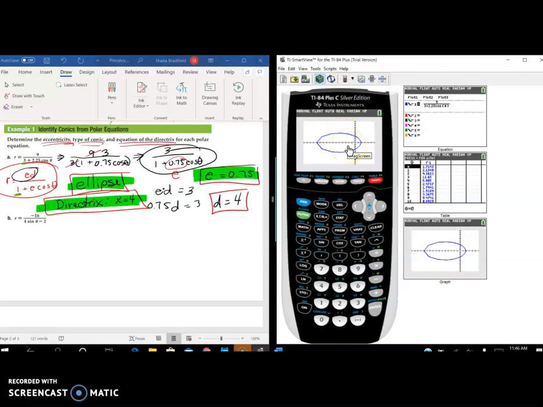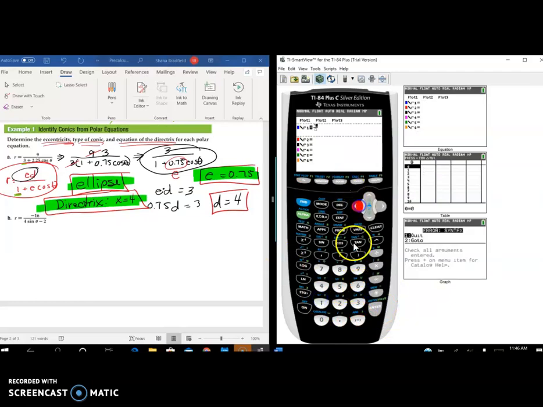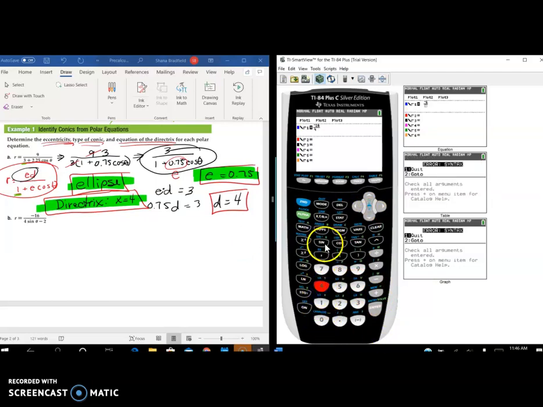Okay, and then in the next problem, if we wanted to go ahead and graph it, we could, just to take a look at it since we've got our graphing calculator out. So I'm going to clear this first equation out, and we want to make our fraction bar. There we go. And we have negative 16 over 4 sine theta minus 2.